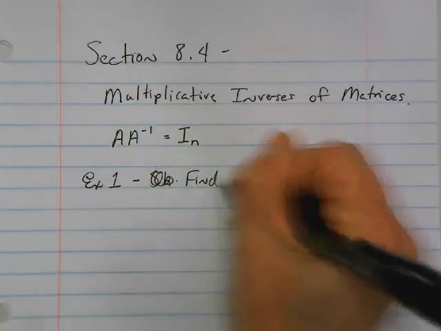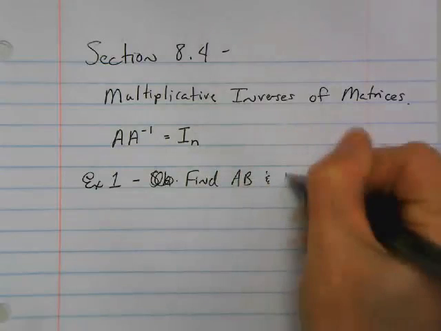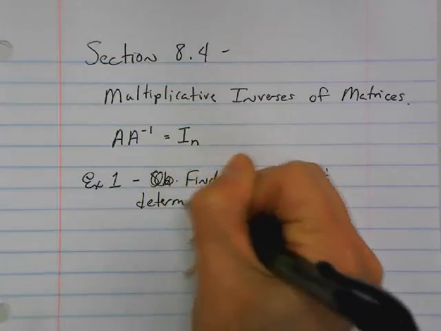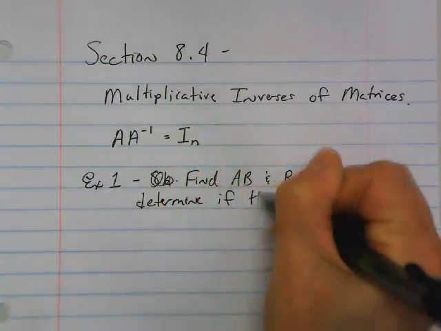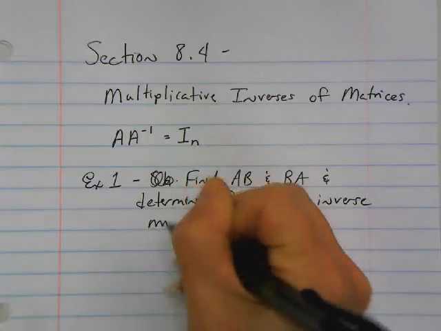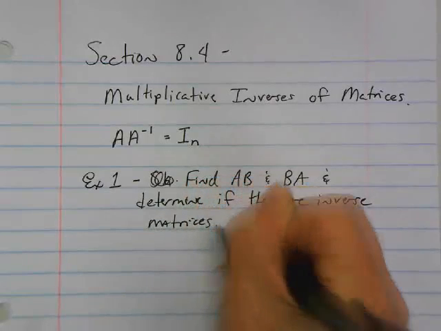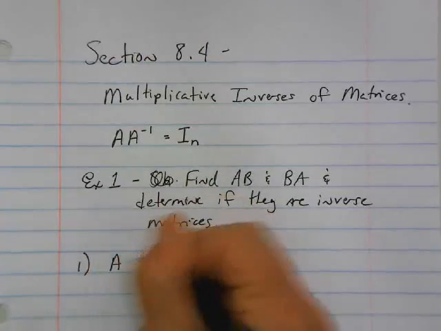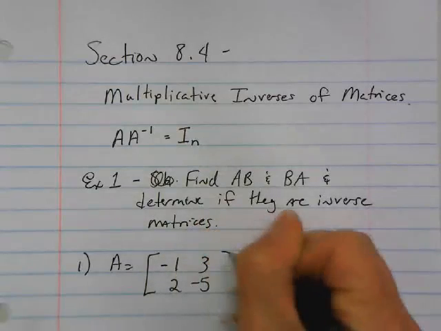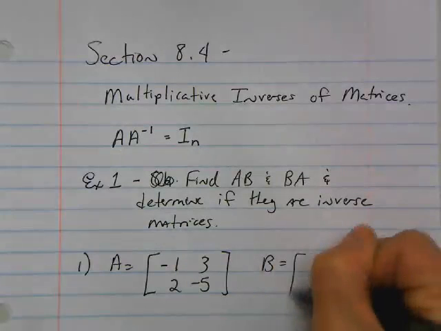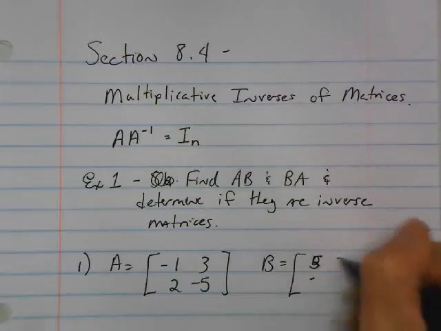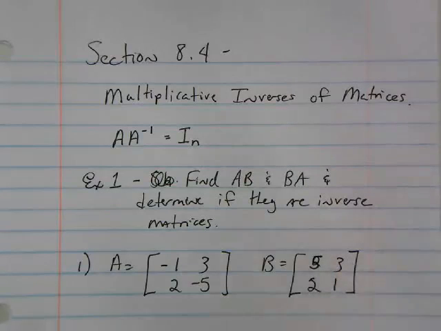So let's find AB and BA and determine if they're inverse matrices. Let's say A is -1, 3, 2, -5, and B is, sorry, I wrote 2, 5, 3, 2, 1.